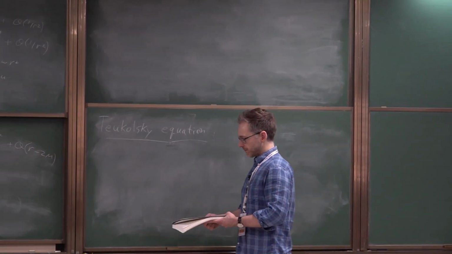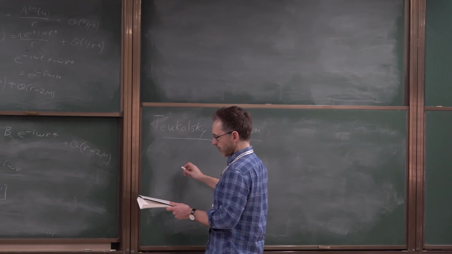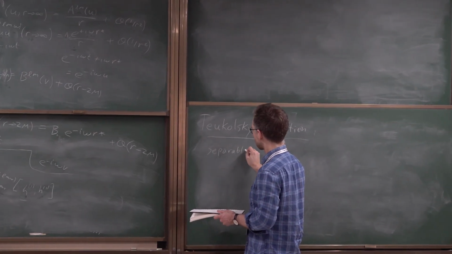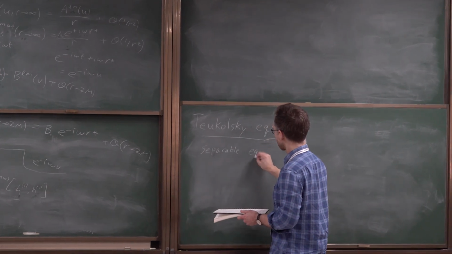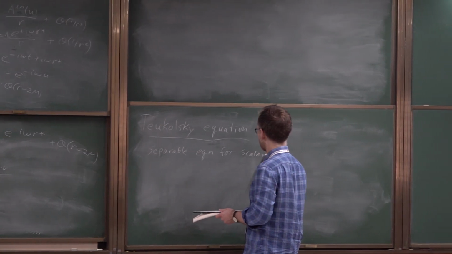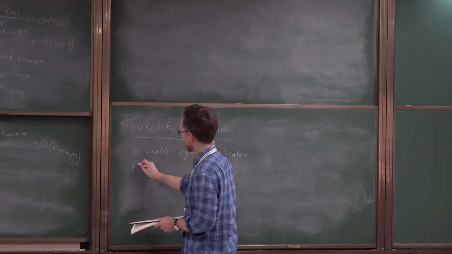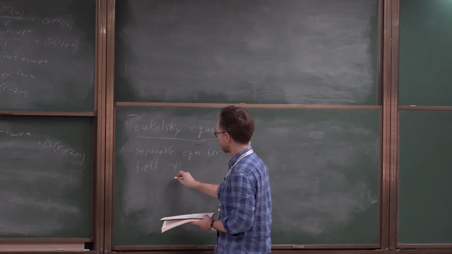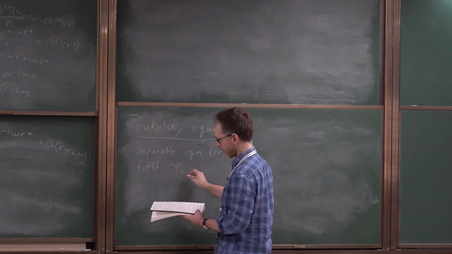So the Teukolsky equation is a separable equation for a single scalar field. And it can actually be for two different scalar fields, but it's just two different equations.